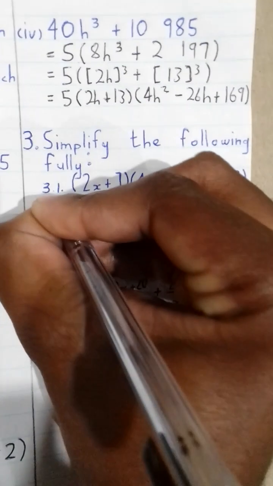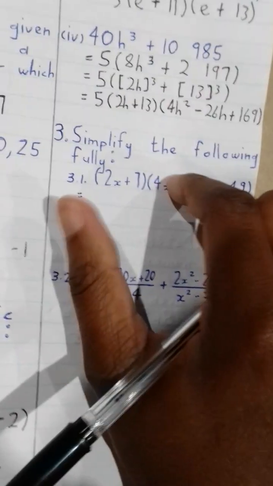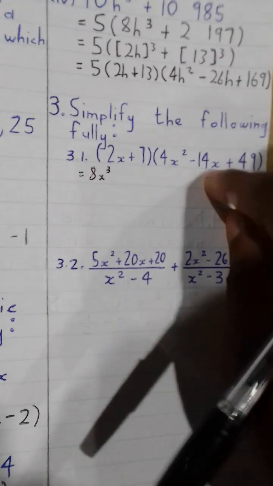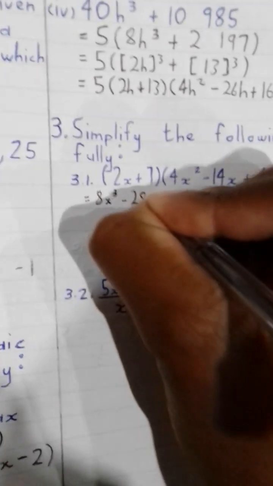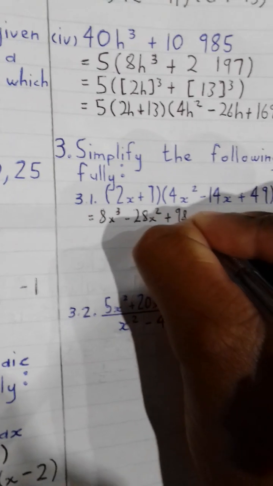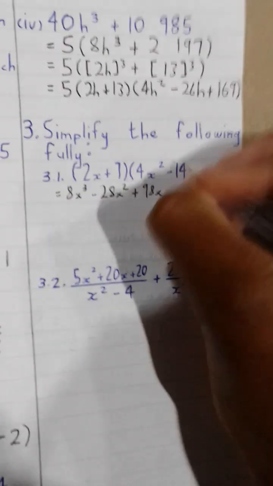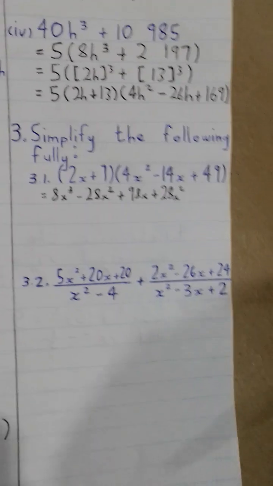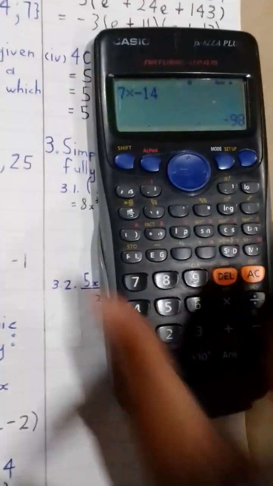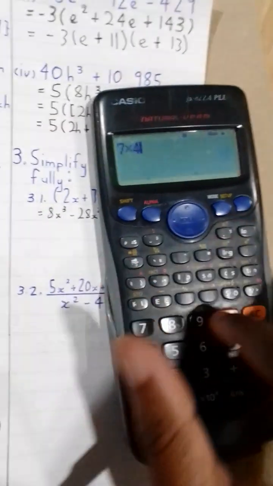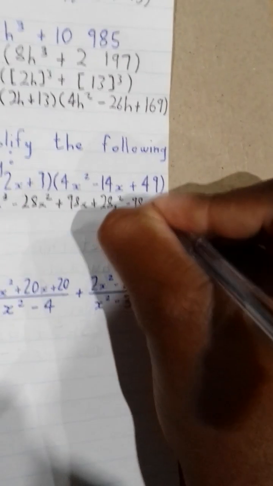Okay, so 2x times 4x squared is 8x cubed. 2x times negative 14x is minus 28x squared. 2x times 49 is plus 98x. 7 times 4x squared is plus 28x squared. 7 times negative 14 is negative 98, so it's minus 98x. 7 times 49 is 343, so plus 343.